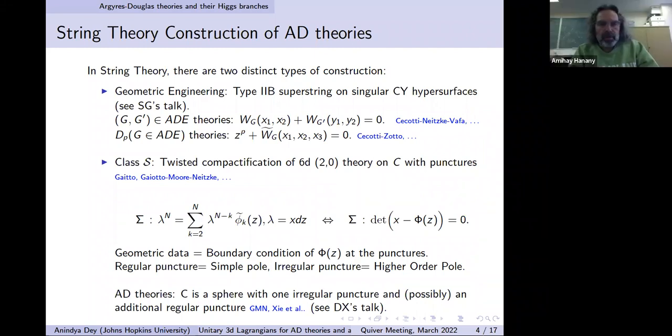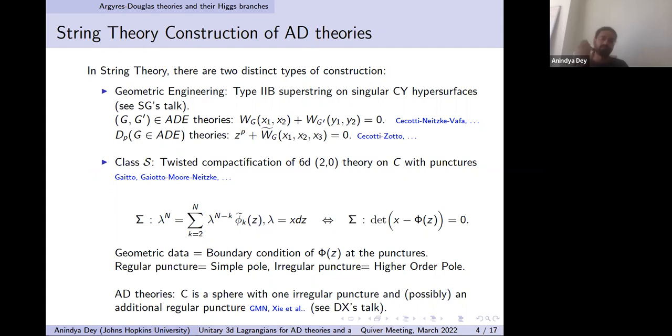Anindya, in case you take two irregular punctures, is this known, what you get? I think you can only take one, because of the U(1)_r. Oh, okay. Yeah, it's restricted.